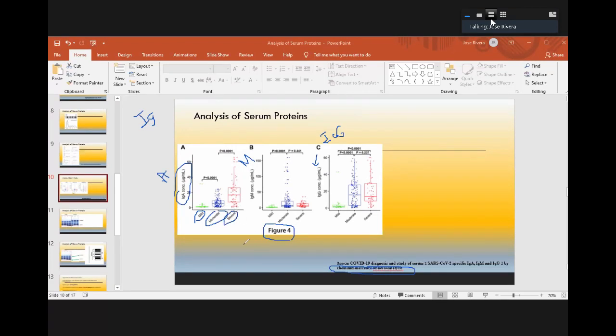Most of the people that get infected by the virus have mild or moderate cases. It's only a small percent that get severe and then end up in the hospital or die. But they're looking here at the antibodies.